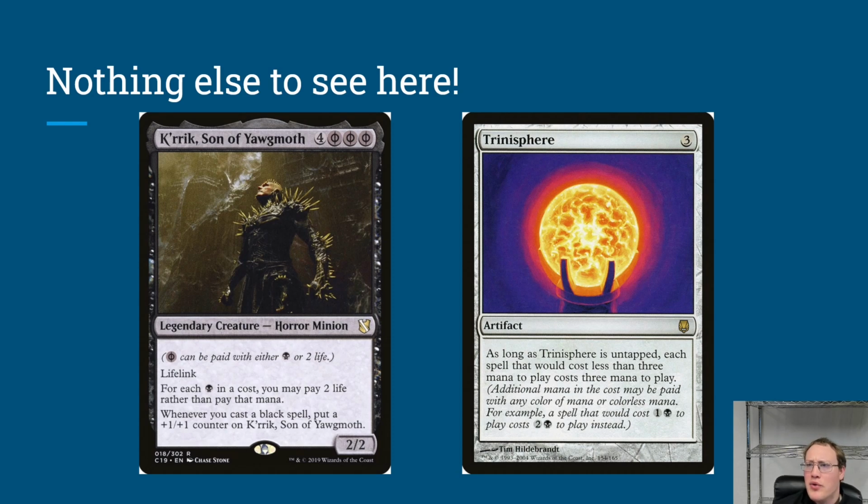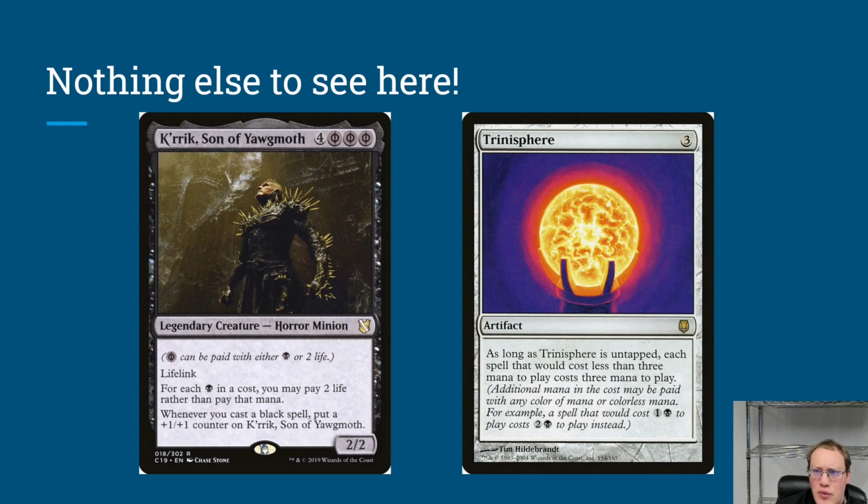So let's say we were going to play a spell and it has a hypothetical mana cost of 2 black mana, two black symbols. So we have Kirk and we have the Trinisphere out. What will happen?